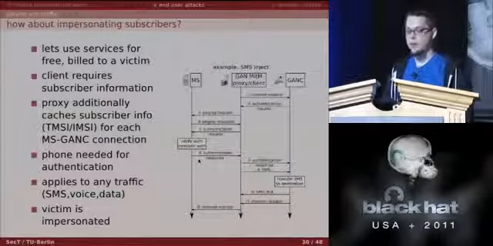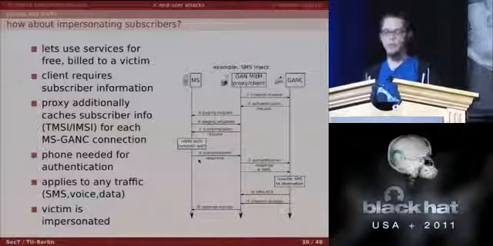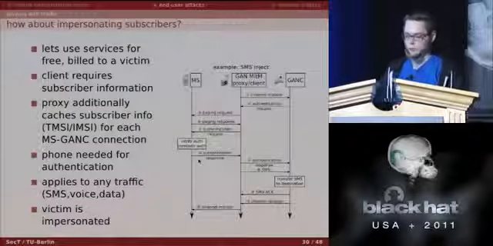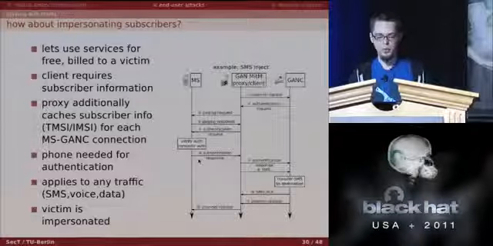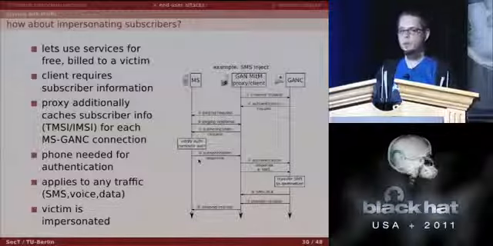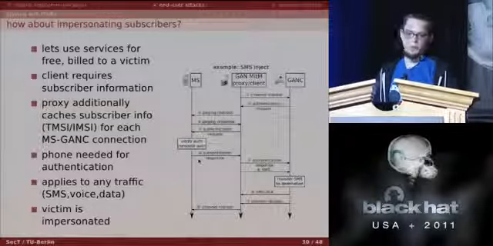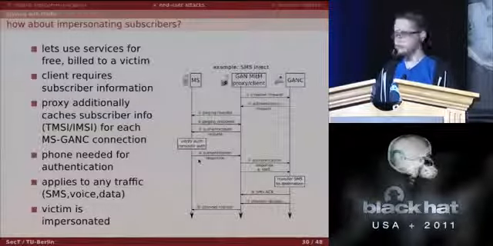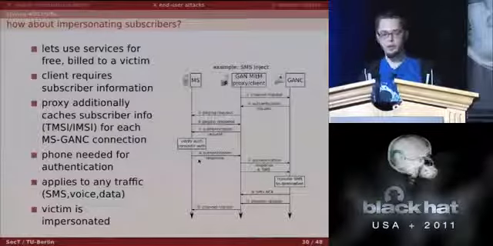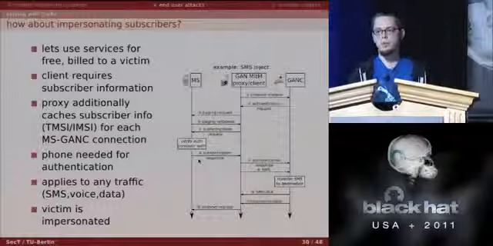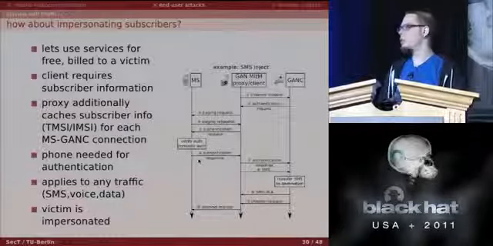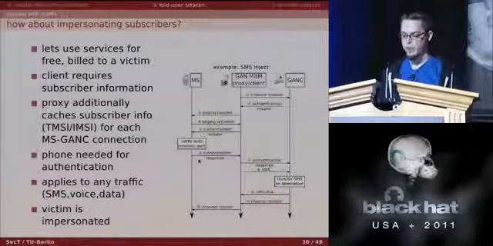And the attacking client is then using this to issue a service request to the network. So that's pretty straightforward. The only problem you have to overcome at this point is that whenever you do a service request in a 3G network, the network requires you to authenticate before that. And that's obviously a problem because the attacking client doesn't know the aforementioned secret key on the SIM card to generate a proper response for that.